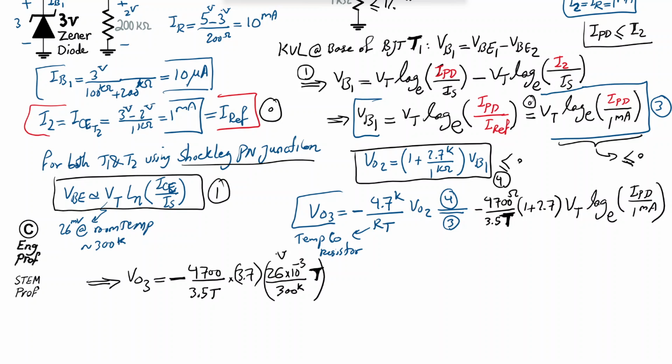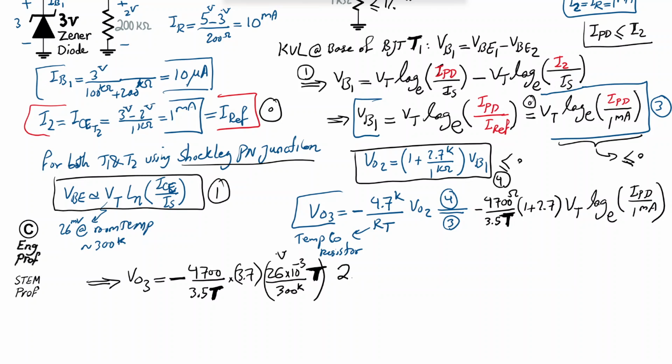At room temperature it is 26 millivolt. So now you see the benefit of that Temco, because we have one temperature showing up in the numerator, and one temperature because of that Temco showing up in the denominator. So they will start canceling out each other, to a very good extent. So instead of log base E, I'm going to use a trick.